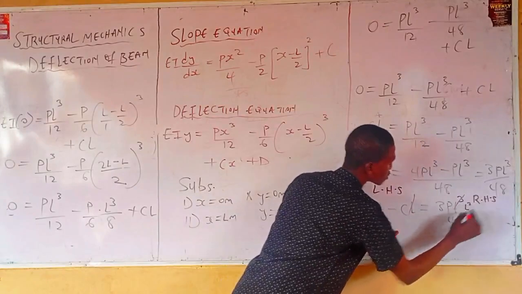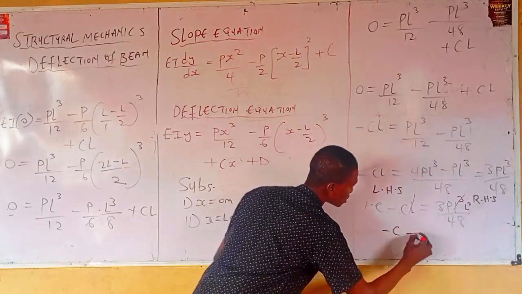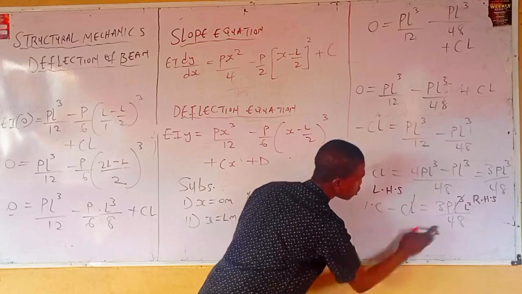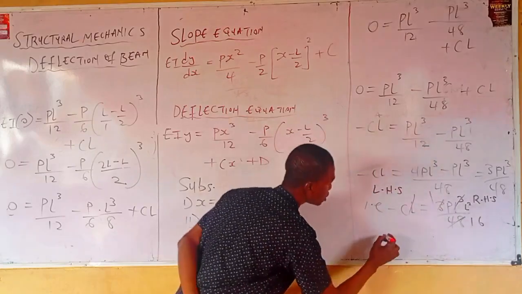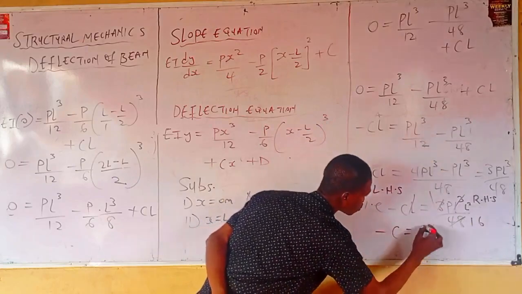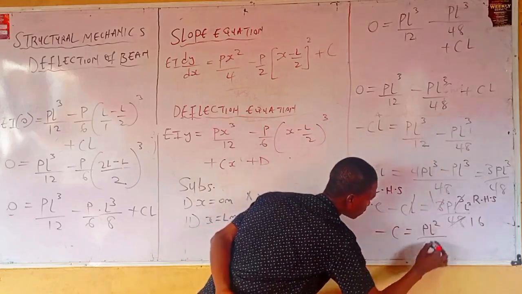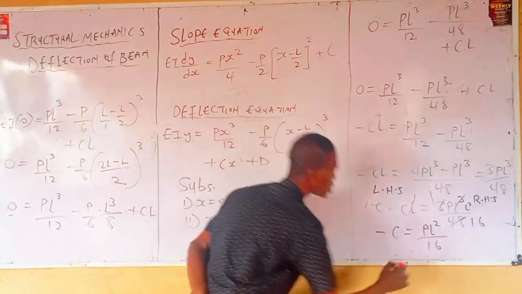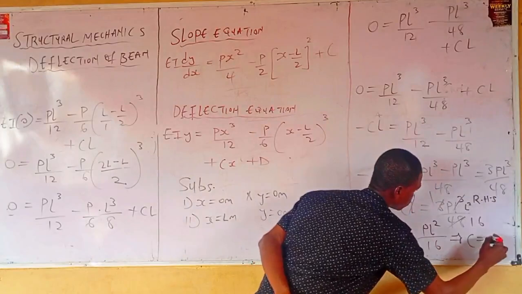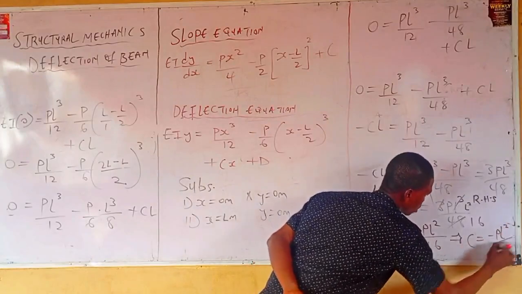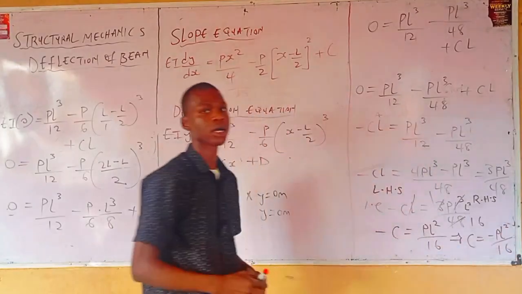You'll be left with L square here, right? Meaning that negative C is equal to, also 3 goes here 1, 3 goes here 16. Meaning negative C is equal to PL square divided by 16, which implies that C is equal to negative PL square over 16. And that's it.